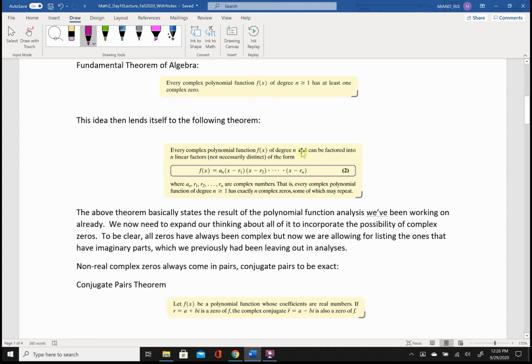This is how it'll look in its factored form, in which a sub n, r sub 1, r sub 2, and r sub n. So r sub 1 through r sub n are all the zeros, and then a sub n is the leading coefficient. So all of those are complex numbers. They could be real, they could be non-real. All we know is that they're complex.